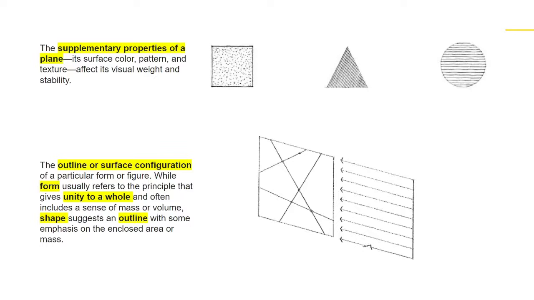Shape is the outline or surface configuration of a particular form or figure, while form usually refers to the principle that gives unity to a whole and often includes a sense of mass and volume. So shape suggests an outline with some emphasis on the enclosed area or mass.